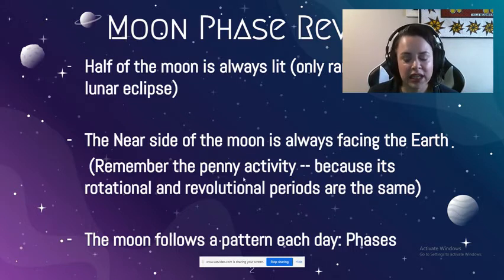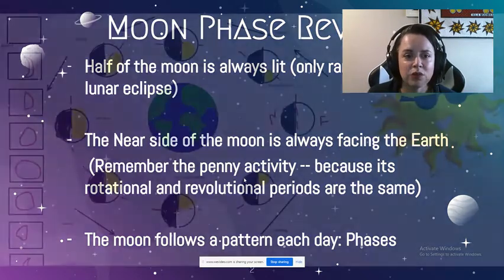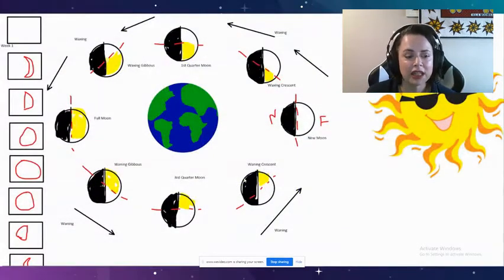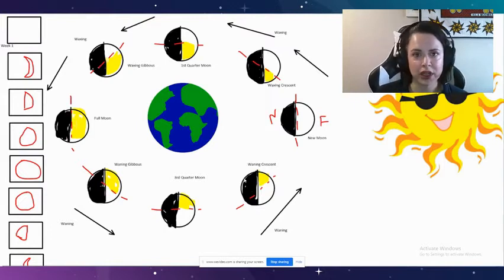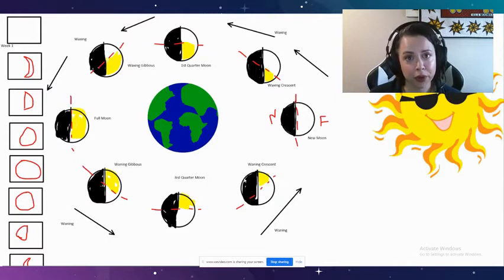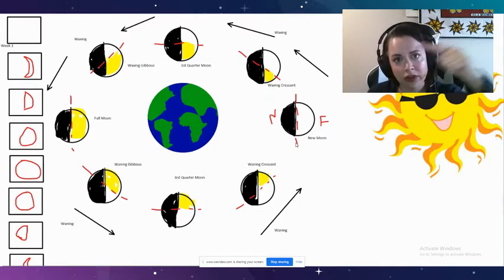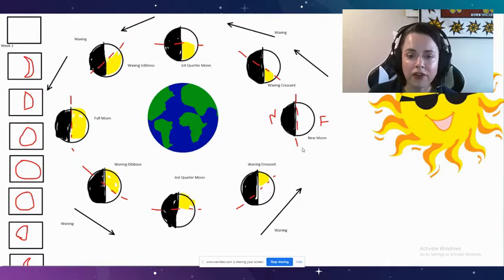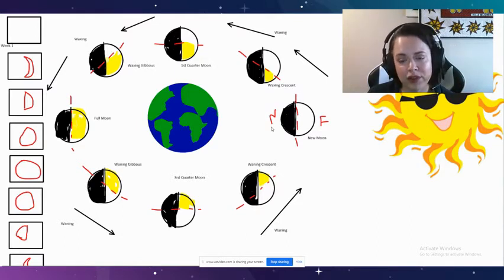But we do see this pattern that the moon follows in what we are able to see. And so here is what your completed diagram is going to look like. I actually pulled this from last week's slides. And so you can see that there's half of the moon as it's revolving around the earth. Half of the moon is going to be facing us, while half of the moon is going to be facing away.